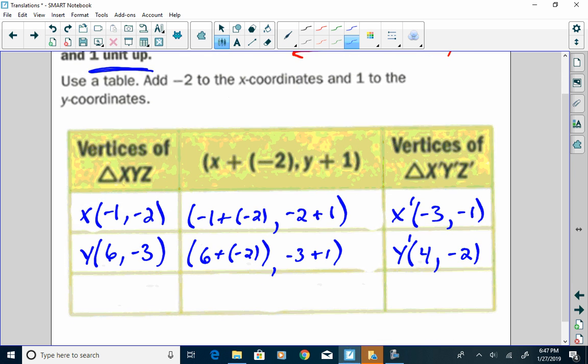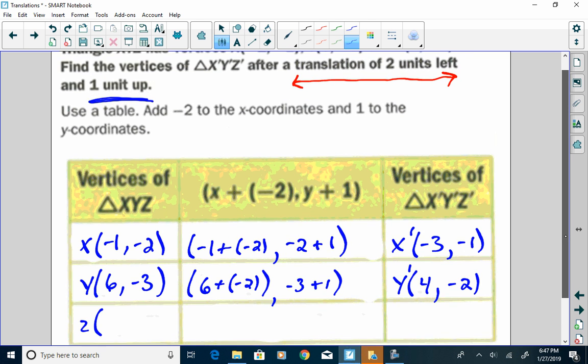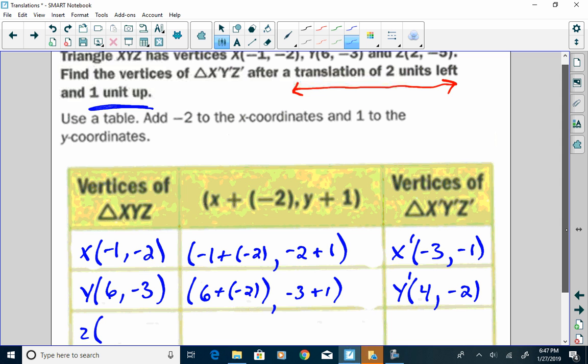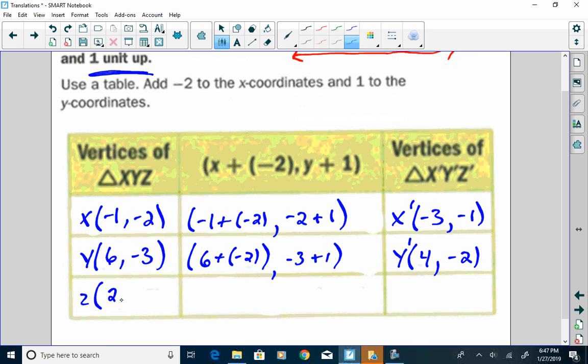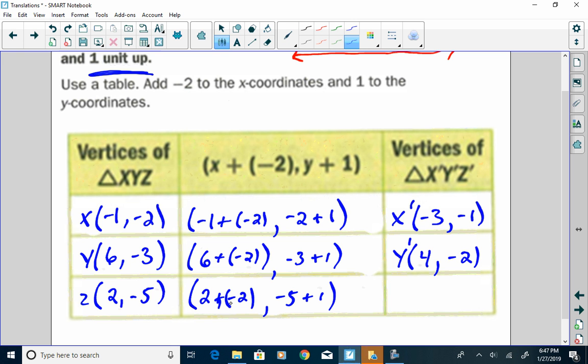All right, and then we have point Z. Z is located at 2 and negative 5. So we start with our x value, which is 2, and add negative 2 to that. And then our y value, which is negative 5, we add 1 to that.